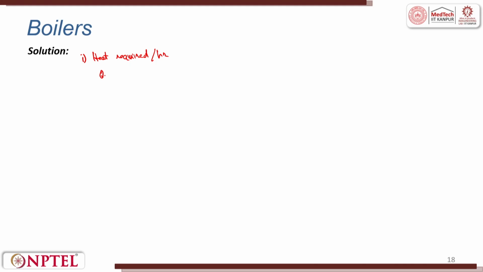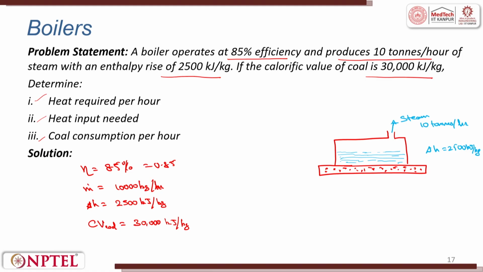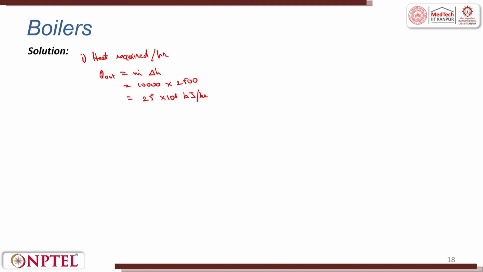This is equal to Q output, which is m dot into delta H. This is equal to 10,000 into 2500, which is 25 into 10 raised to power 6 kilojoules per hour. Next point is heat input needed and coal consumption.